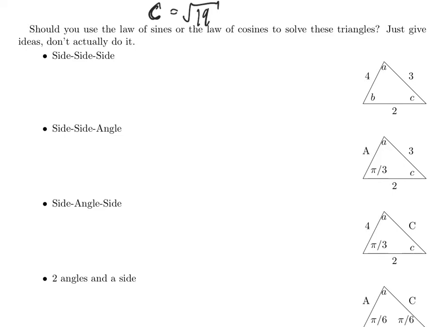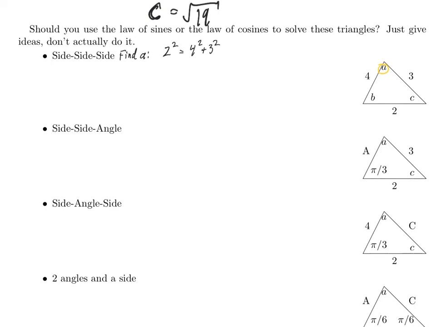So let's explain how. Let's write down, I won't finish it, but let's write down what we need to do to find A. Well, I can use the law of cosines centered at A. So the law of cosines says that the side opposite A, 2, squared, should be equal to the sum of the squares of the two remaining sides.